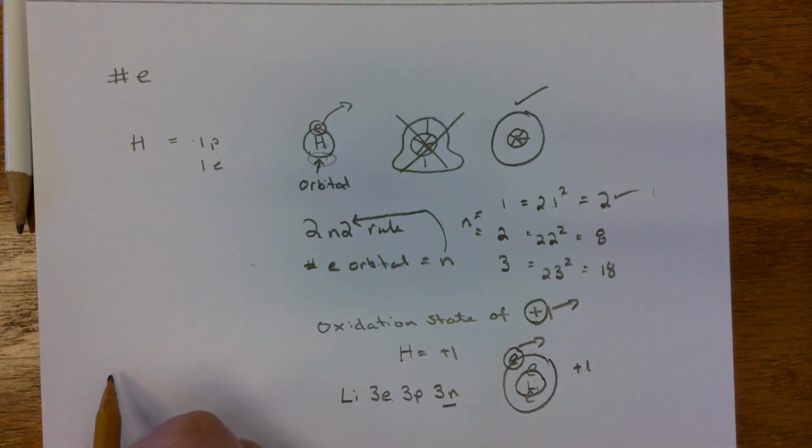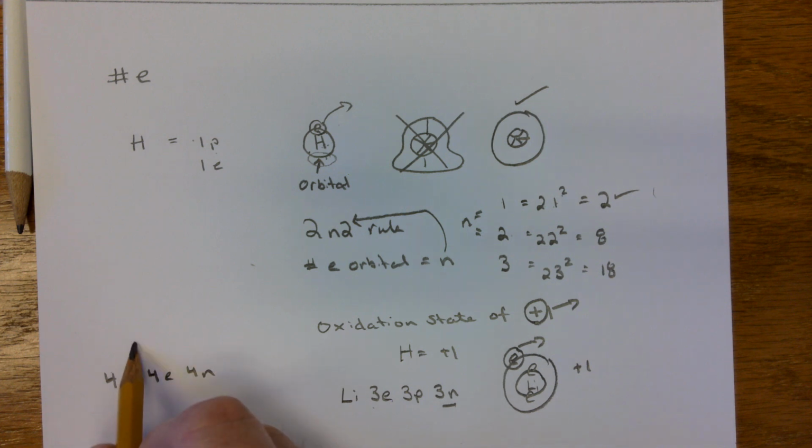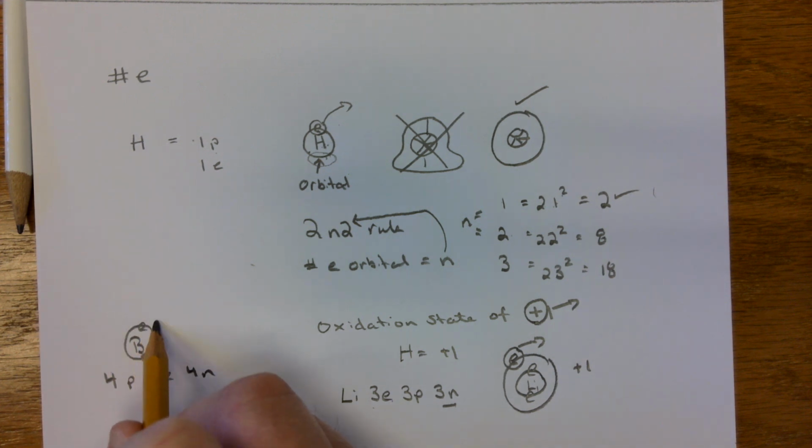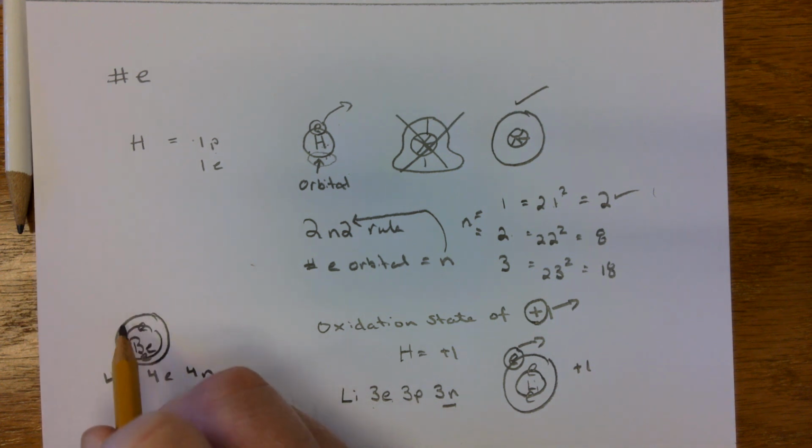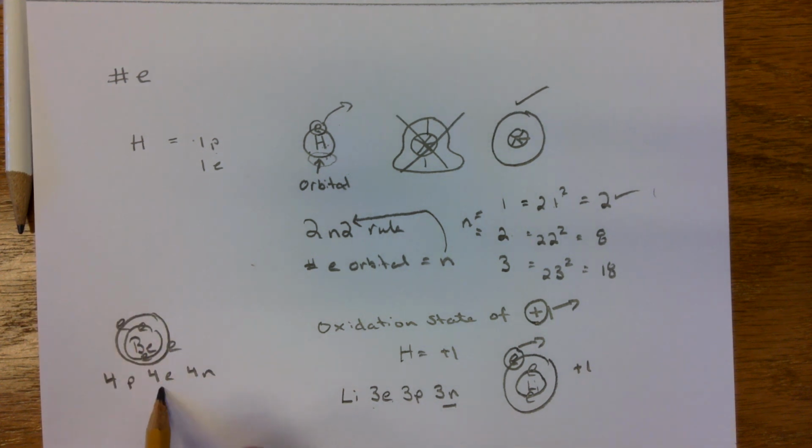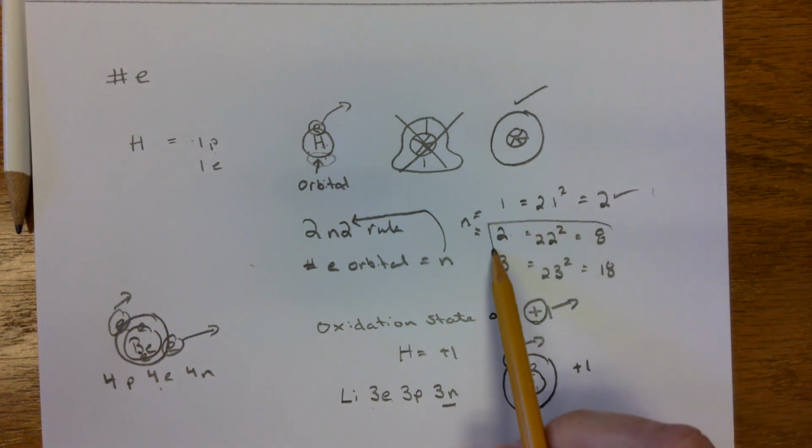Let's prove it. Beryllium has 4 protons, 4 electrons, and 4 neutrons. Again, that's for beryllium, Be. So in the first electron orbital, there's 2. Here's 2 more. That equals 4 electrons. It's got 2. Although it is stable, it wants to get rid of those because of this right here.